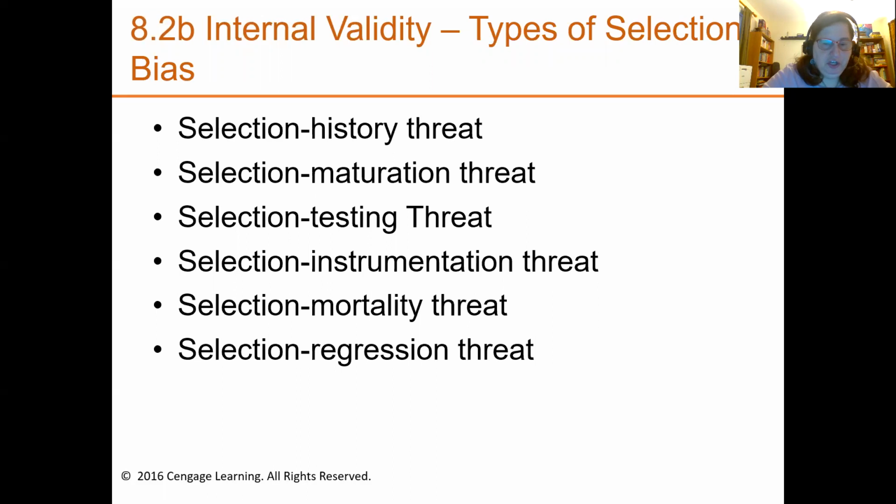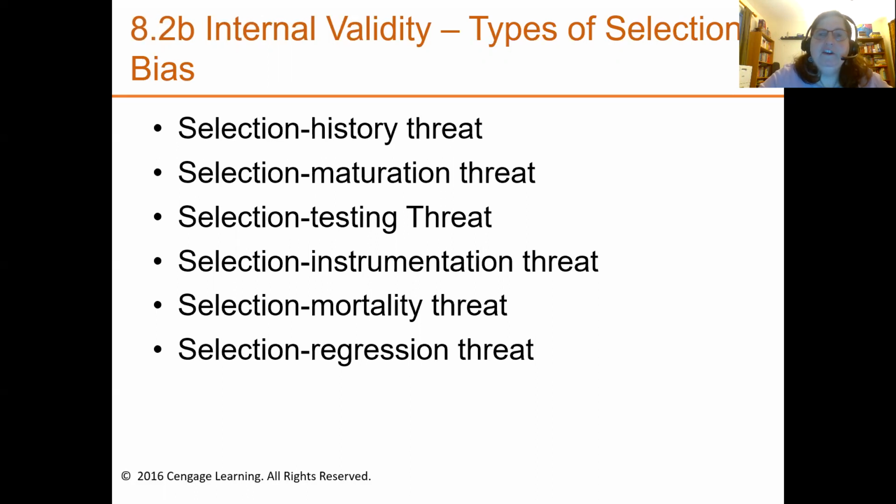Okay, so let's go back to our initial history example. You're treating some people with cognitive behavioral therapy. Someone ultra famous, ultra likable comes on TV and says that, yep, panic disorder, I had it, and cognitive behavioral therapy was wonderful. It made all the difference in the world to me.